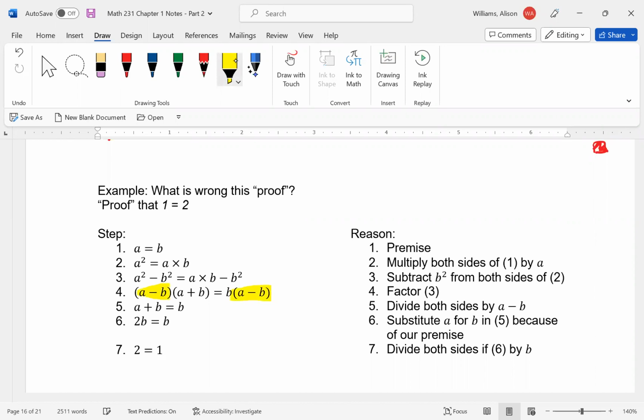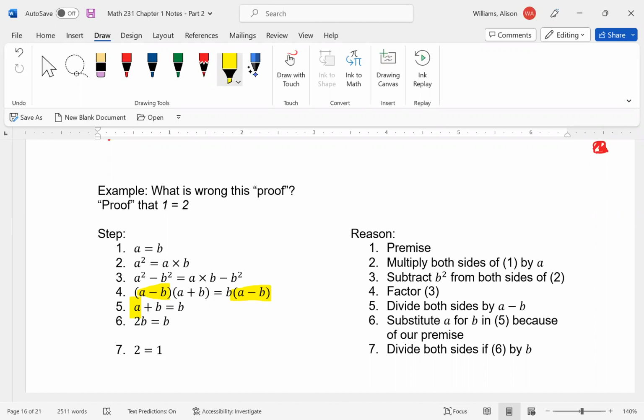And then we get A plus B equals B, which means since A and B are equal, they substitute 2B for A. So that's B plus B equals B, or 2B equals B. Or if we divide both sides by B, 2 equals 1.